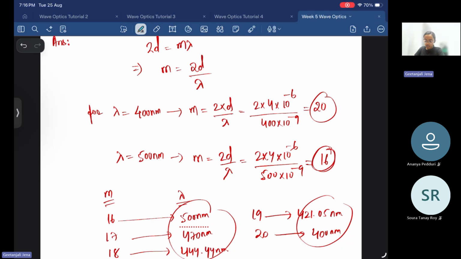Okay, so the physical interpretation is, let me think first. Ideally the value of m should be an integer.